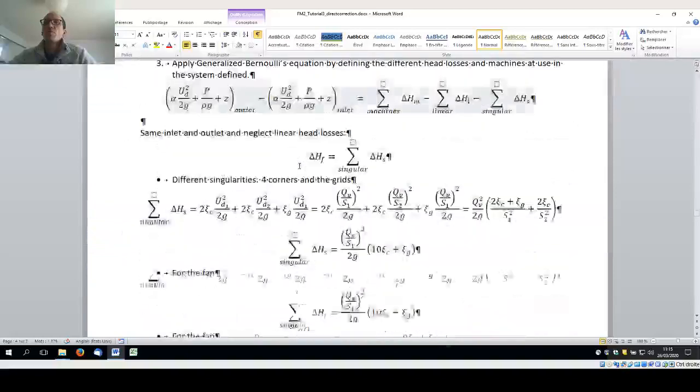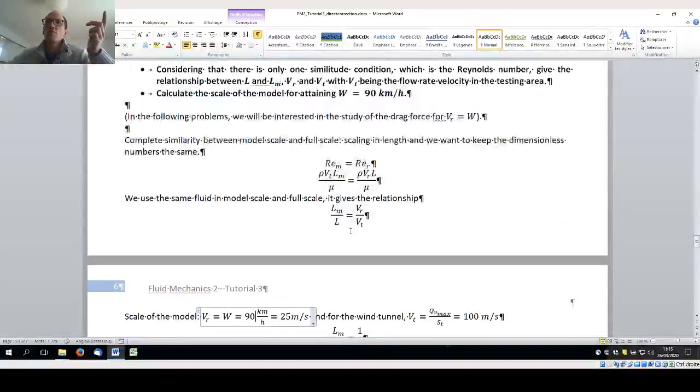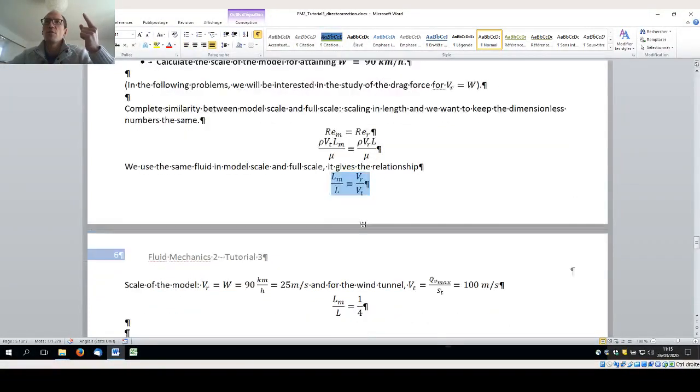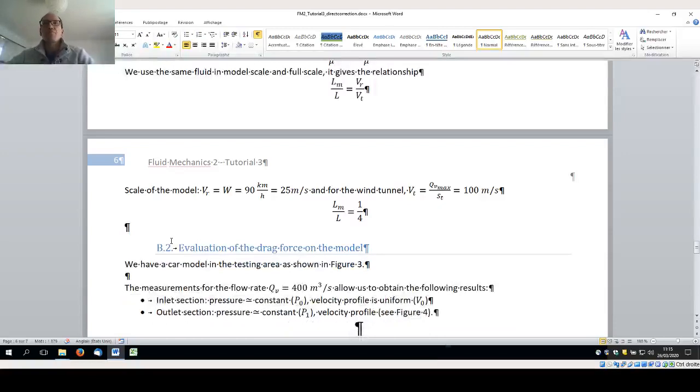So when you reduce the scale, you are increasing the velocity. Here we are going at 100 meters per second in order to satisfy that the Reynolds number is the same with a smaller scale than at full scale, or that the properties of the flow are similar.